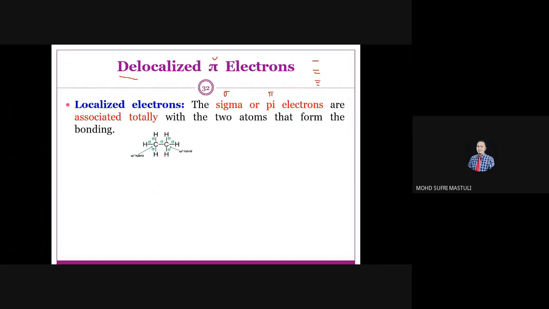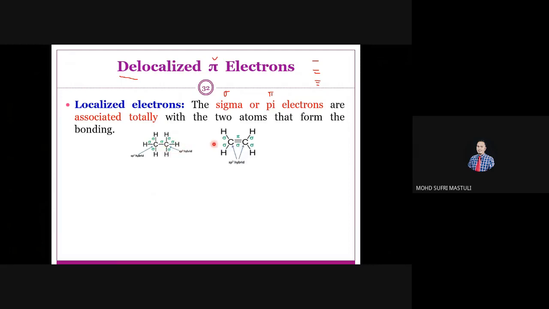Or this sigma is totally associated between this carbon and this hydrogen. Or this sigma is totally associated between this carbon and this carbon.